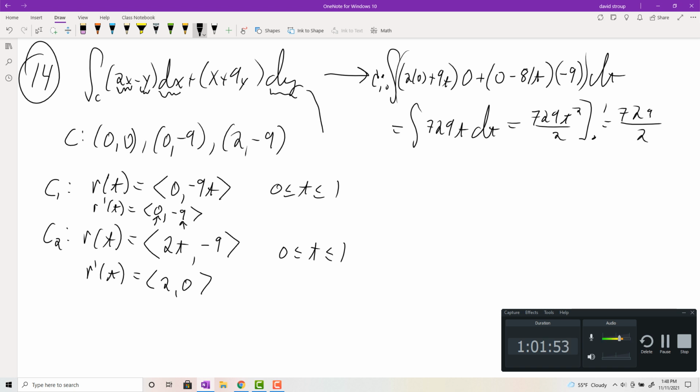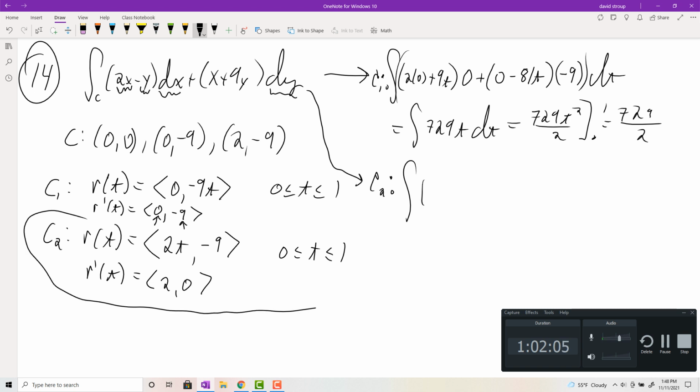Okay, now I need to do the same thing for C2. So I have the integral then, again using all this junk, right? So 2 times x is going to be 4t minus negative 9, so plus 9, times dx, which in this case was 2. And then plus the other guy, which is just going to end up being 0, right?